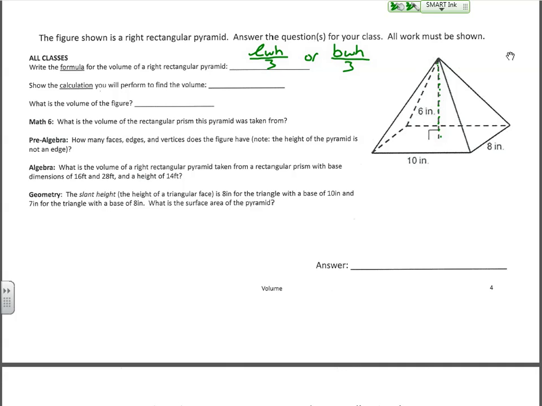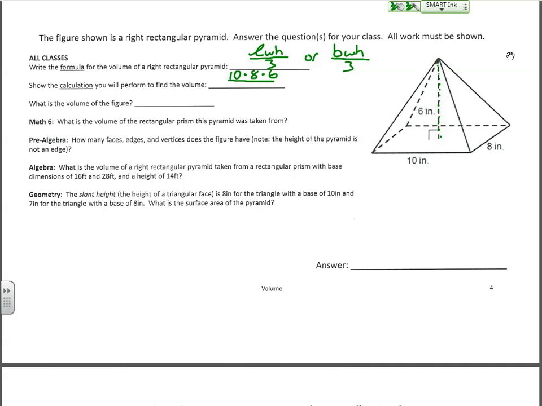So the calculation that we'll perform to find the volume of this specific pyramid: we've got the length, 10, times the width, 8, times the height, 6, which is why that straight vertical segment from the top down to the base, that 6, is important here.